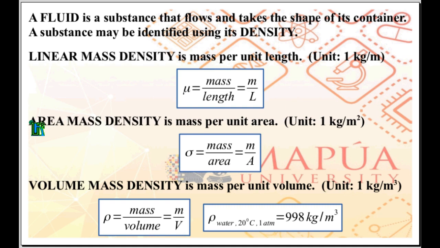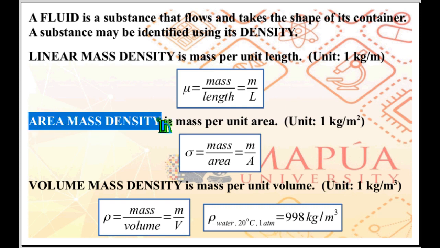Next, we have area mass density, which is mass per unit area. So, mass of the object divided by area, whether it is cross-section area or surface area. Variable, sigma. Unit is 1 kilogram per meter squared.